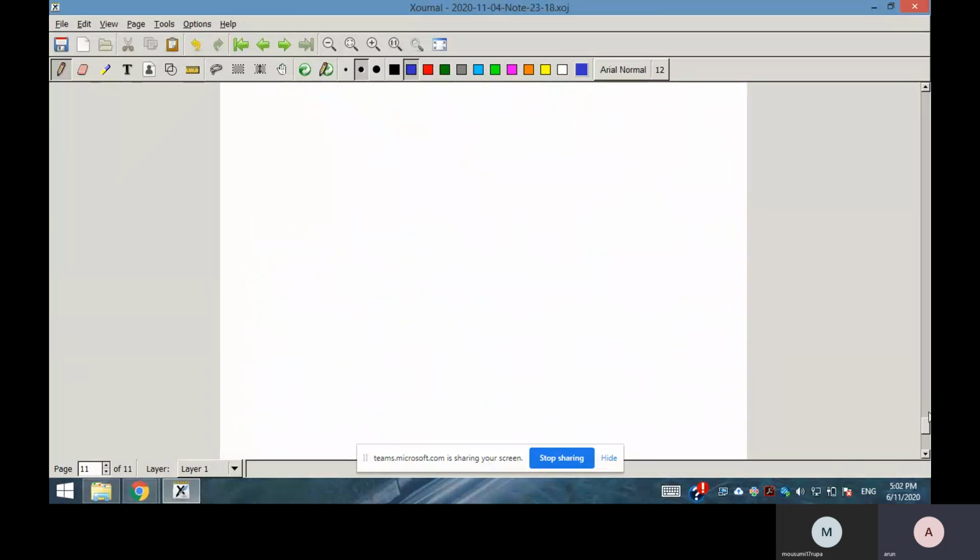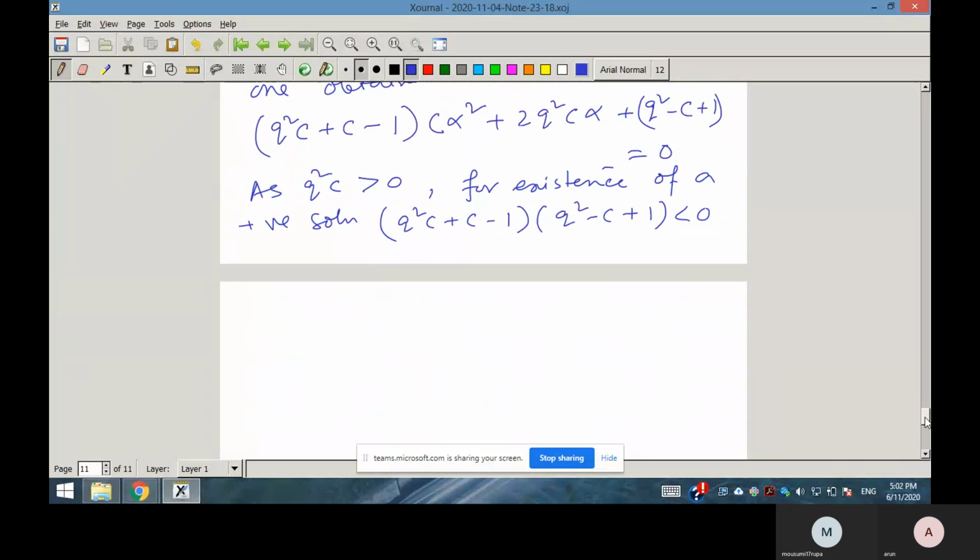So this will imply ultimately what? Now since c is less than 1, because c is ultimately attenuation, MC is negative, so c equal to MC by 10, it will be negative.